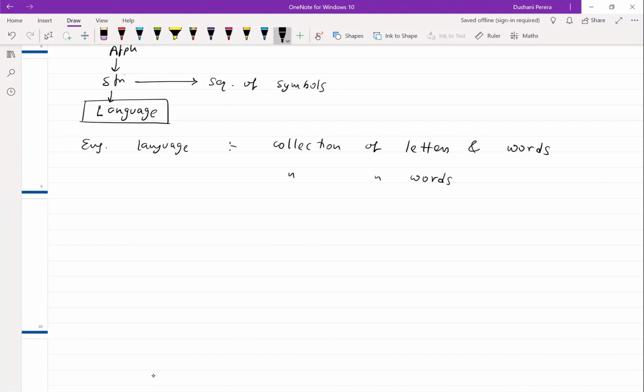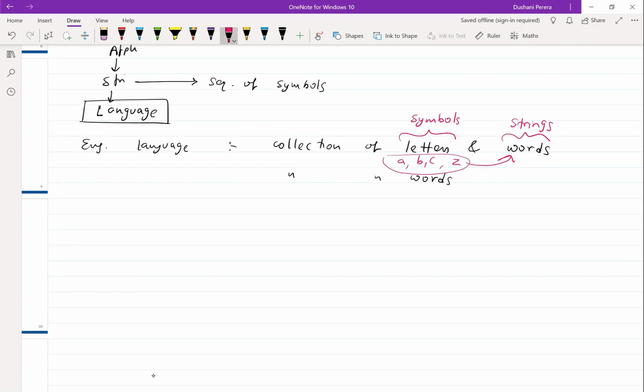Right? Now from what we know, we can say that letters are similar to symbols because they are characters, and words are identical to strings. Do you understand that? Here we have symbols A B C D up to Z, and these get together and form words.